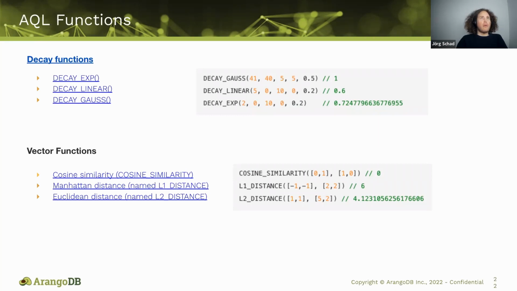And therefore, we often need a way to decay a certain influence over time. The most common decay functions are exponential, linear, or Gaussian. What they basically do, for a data point or array of data values, is give us a decay score. So for example, here we have a data point at 41, and 40 would be our origin. Then we have a number of other parameters like offsets and different weights.